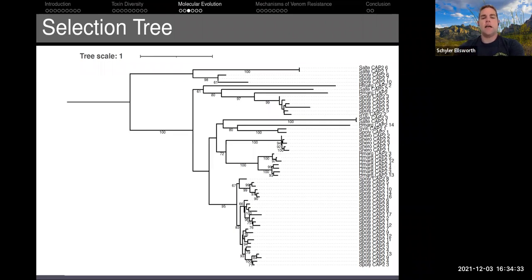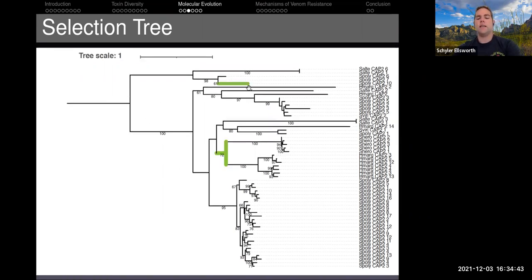The first test I looked at was whether any of these branches are evolving under positive selection more than other branches within the tree. And when I ran that test, I was able to see that there are a few different branches that were under more positive selection than the other branches, and those are these two branches here.